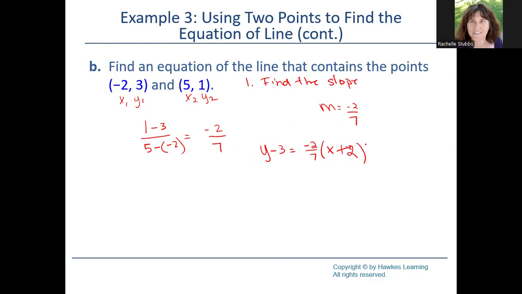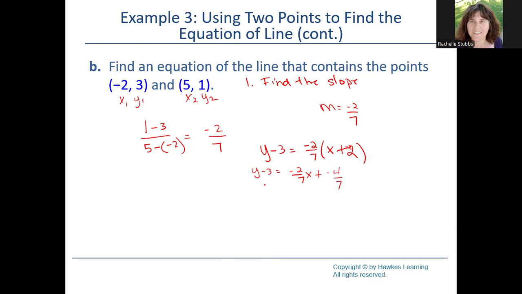I finished my equation. However, just to practice, if I want to make this into the slope intercept form, first distribute. Oops, we're distributing there. And a negative 2 times 2 is a negative 4 over 7.